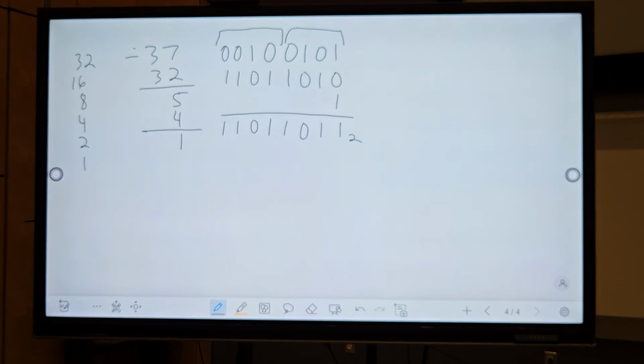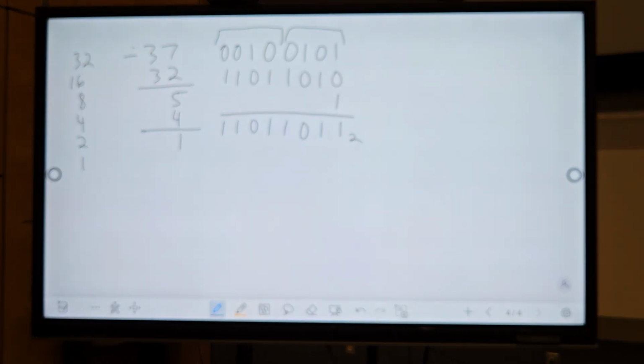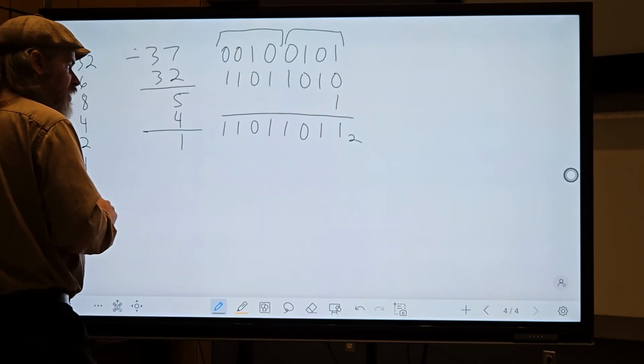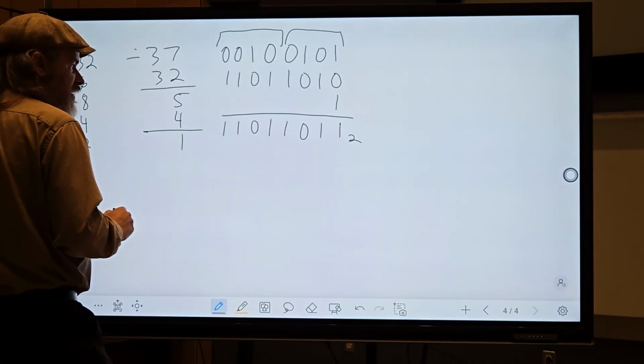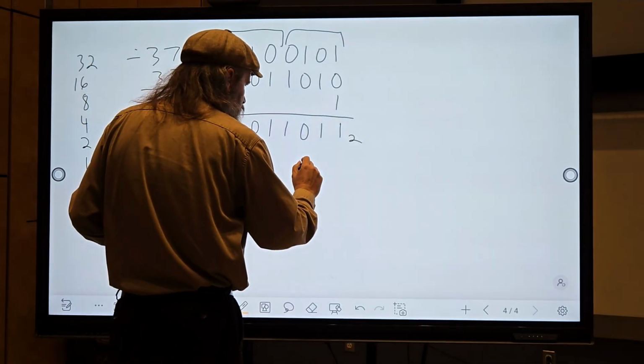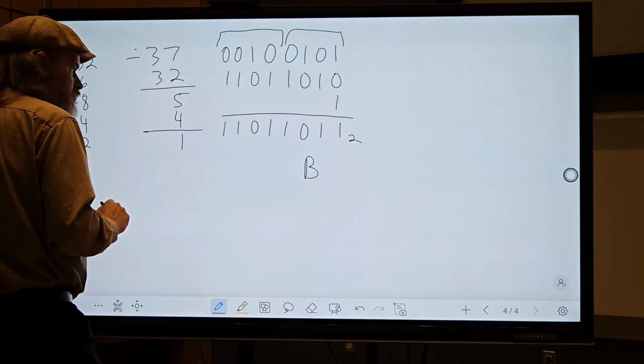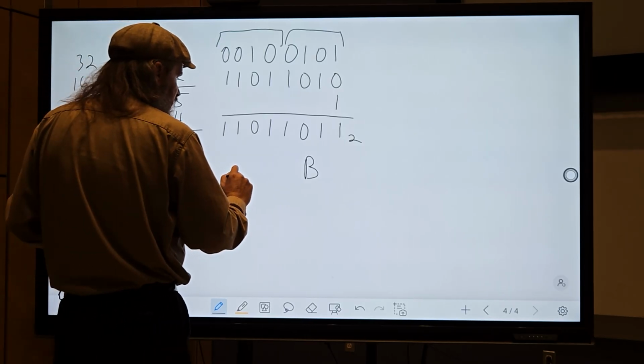And then you just do the simple substitution from binary to hexadecimal. So that's, what is that, 11, which is B, 13, which is D, right?